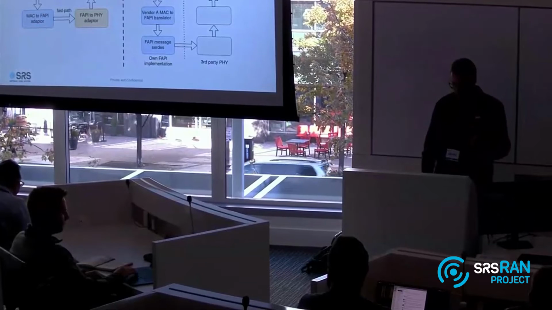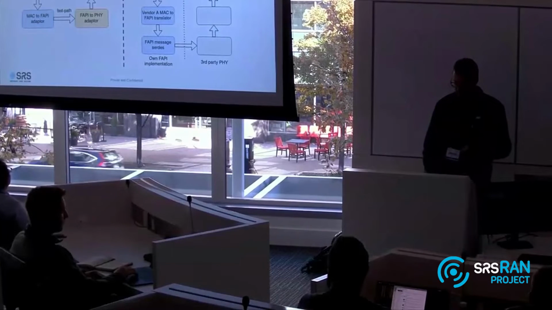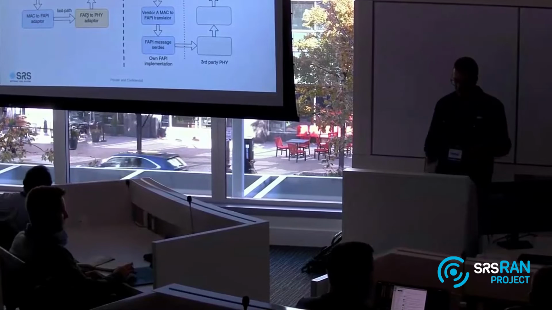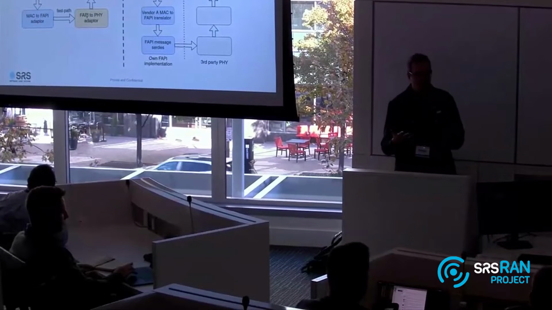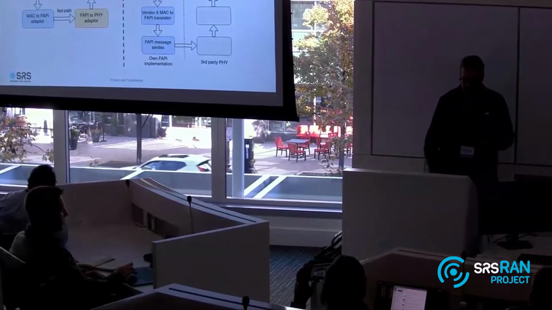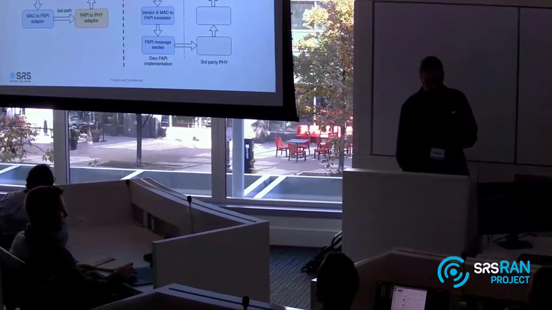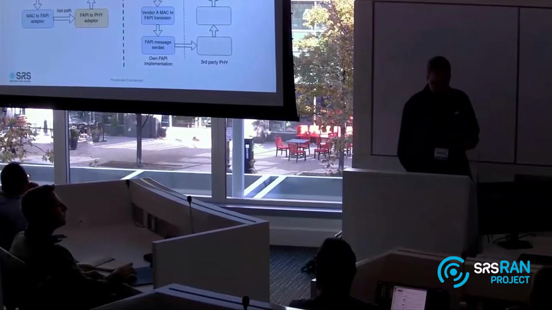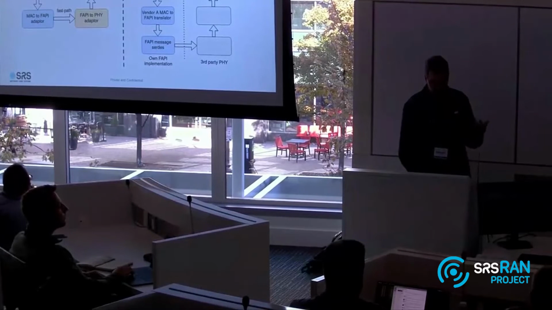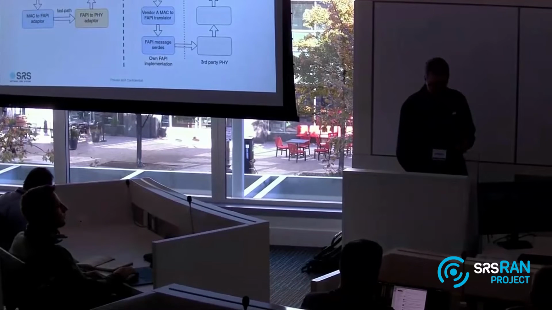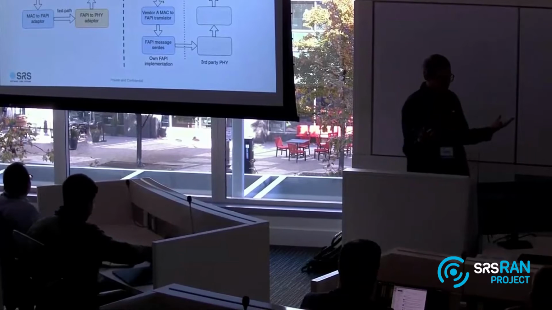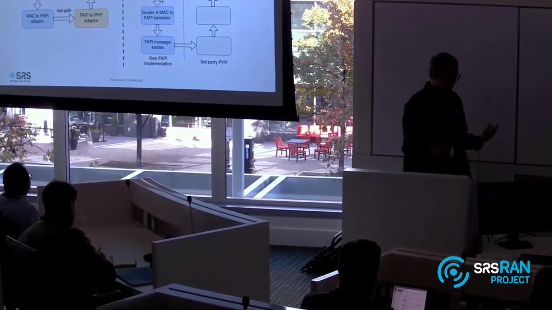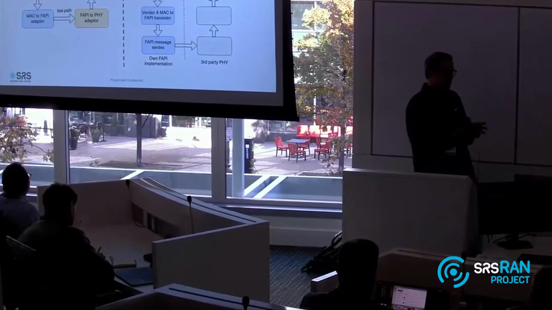And it allows, for instance, in the case of FAPI, to have a fast path when we are using both our PHY and MAC. So when you're using a third-party PHY through the FAPI interface, the way it works is that our MAC, in this case we are vendor A, will generate a struct of values, our own struct, let's say.